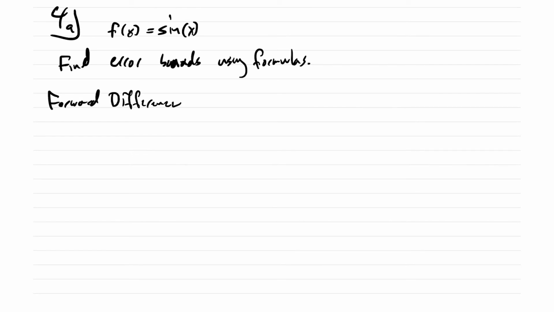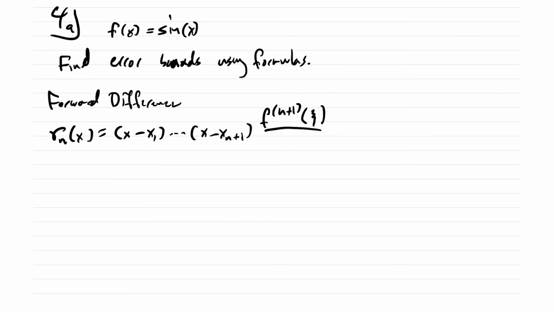If you remember, we had the error formulas as Rn of x equal to x minus x1, product all the way up to x minus xn plus 1, and then f of n plus 1 at xc divided by n plus 1 factorial.